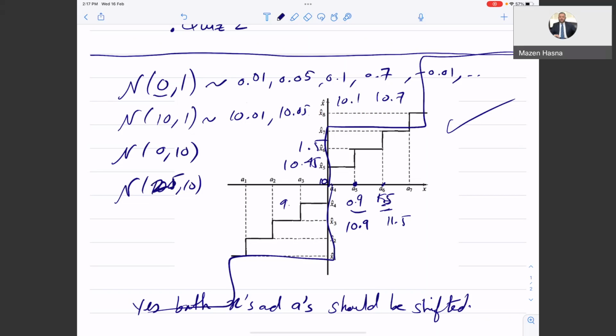Let's do 25. So Y equals 5x plus 10. So that the variance, sorry, it's the other way around. Let's assume this is 10, 25. So Y equals 5x plus 10, right? So how do you do this?